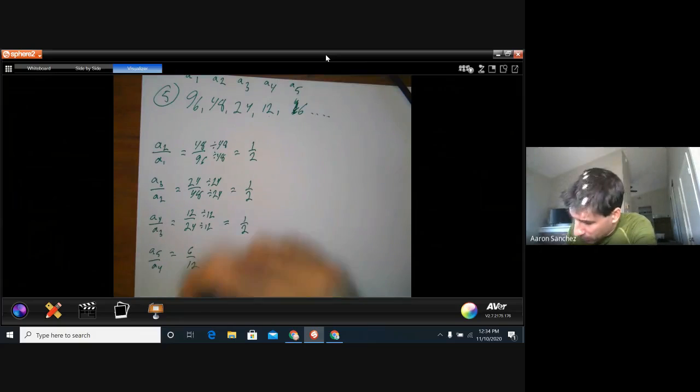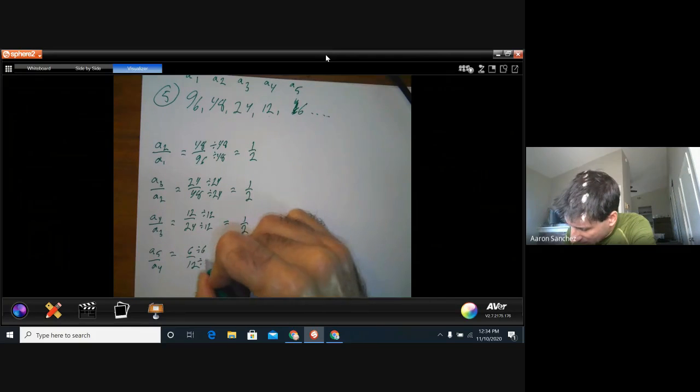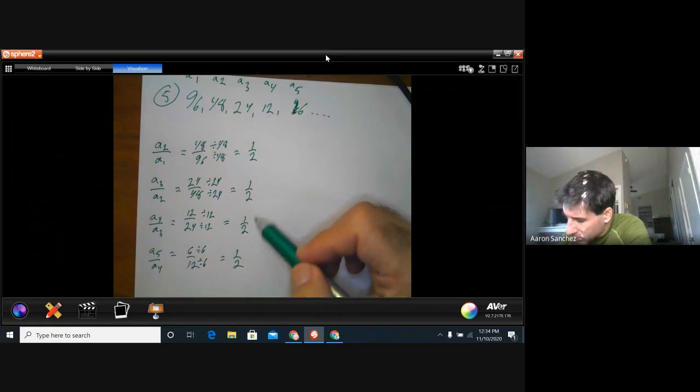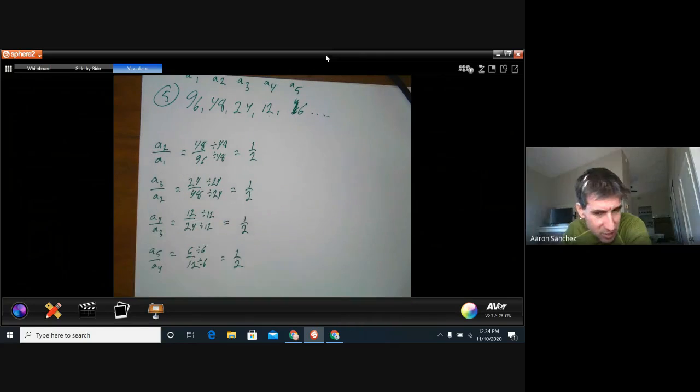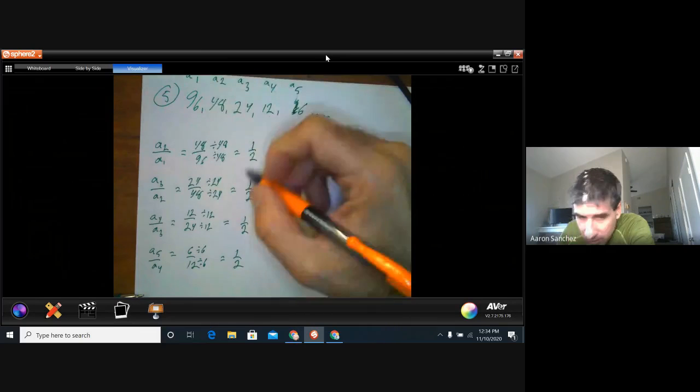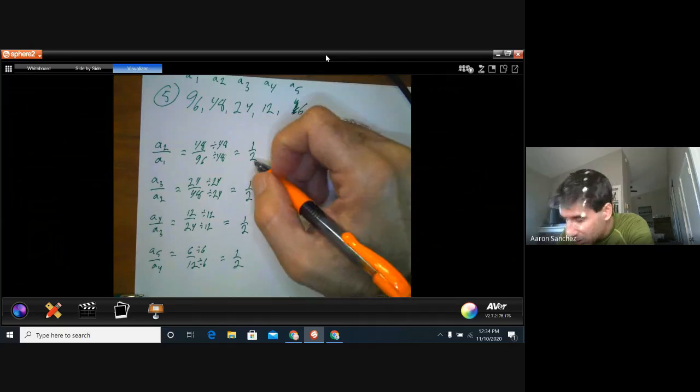And these are both divisible by 6, right? We're just reducing. Becomes 1/2 because all of my ratios are consistent. They are the same. They are 1/2. If any one of these are different by the ratio, then it is not geometric.